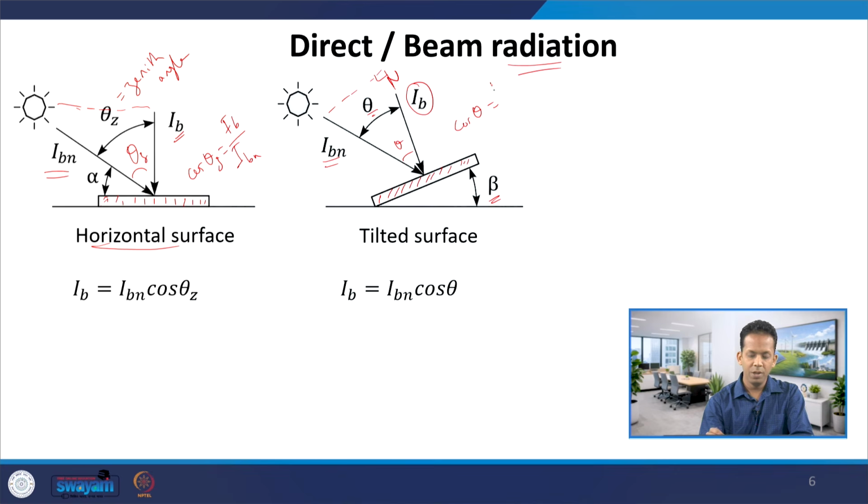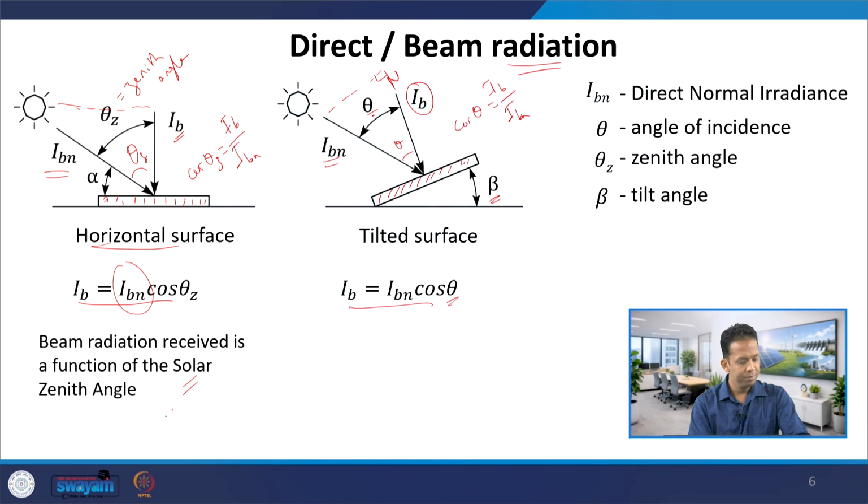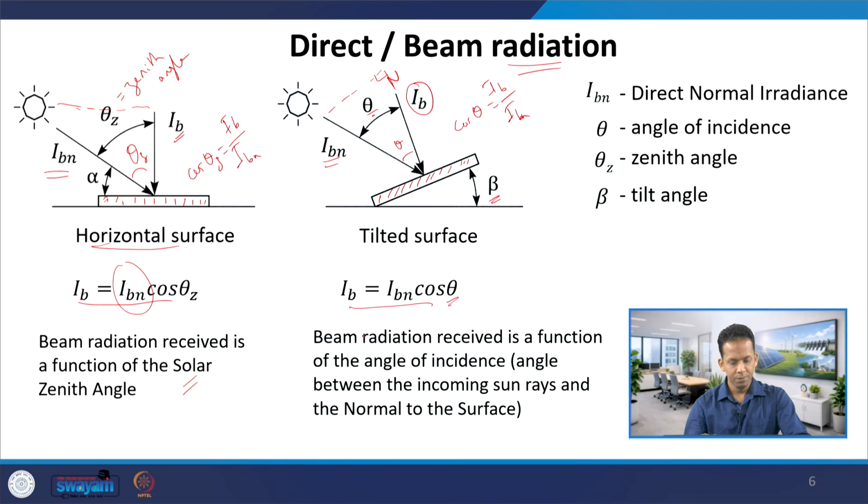So cos theta would be IB by IBN. You can see that for a horizontal surface, beam radiation is IBN cos theta z, and for a tilted surface it is IBN cos theta. On a horizontal surface this is governed by the zenith angle, and on a tilted surface beam radiation is a function of the angle of incidence, which is a function of several other angles governing the position of the sun in the sky.